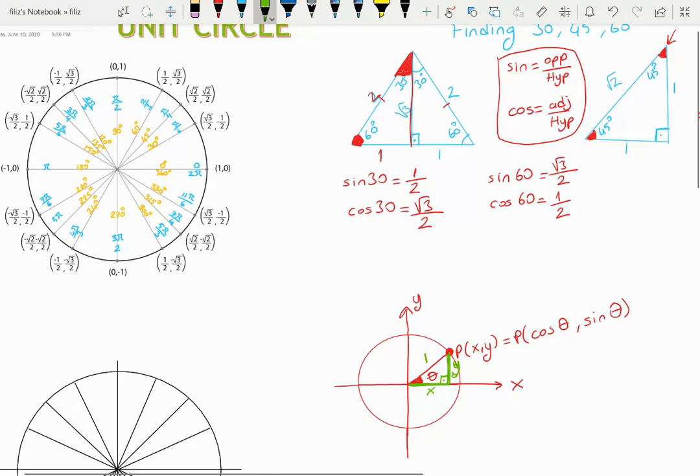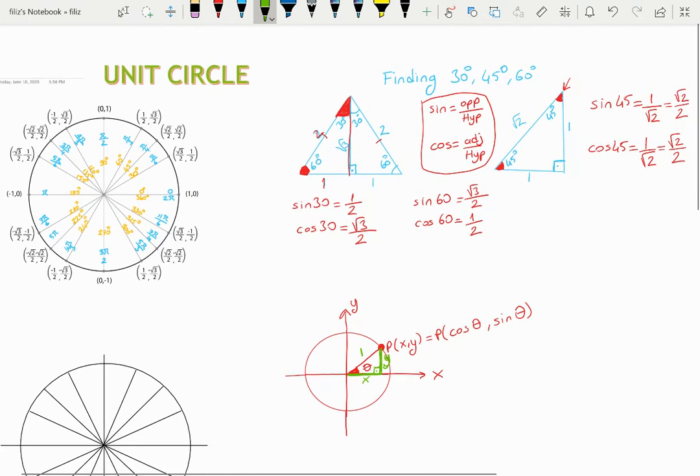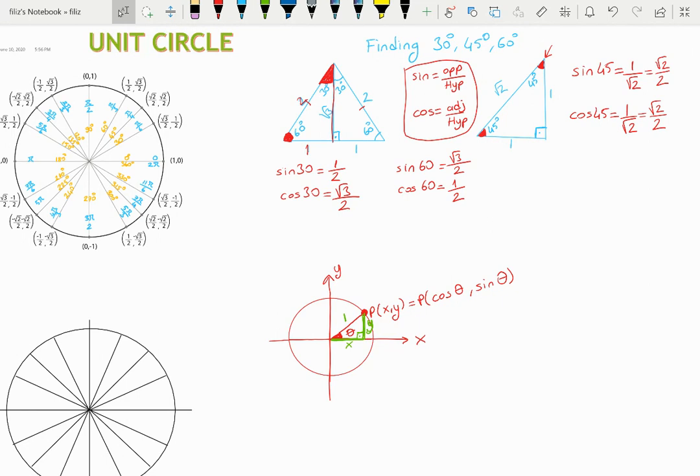So like before, when we were using a triangle to calculate sine and cosine, we were saying sine is opposite side over hypotenuse and cosine is adjacent over hypotenuse.